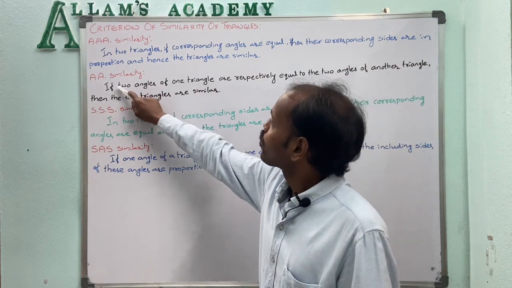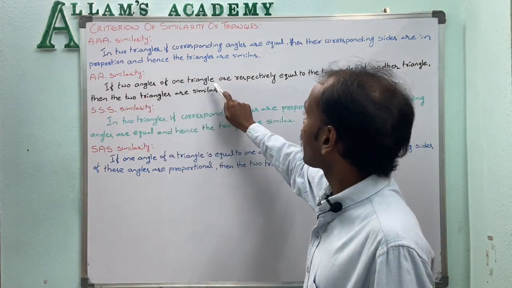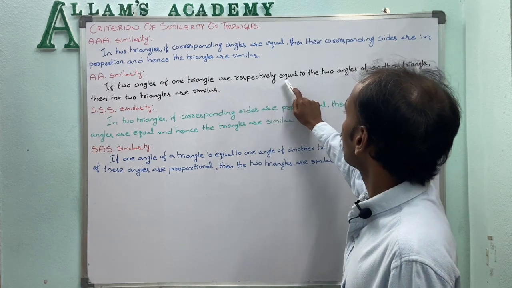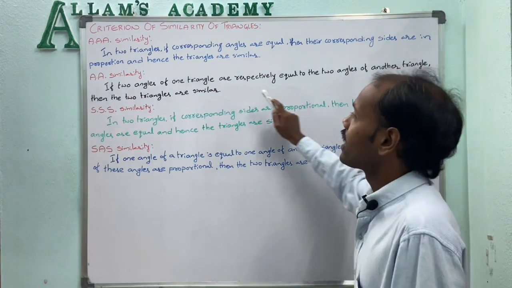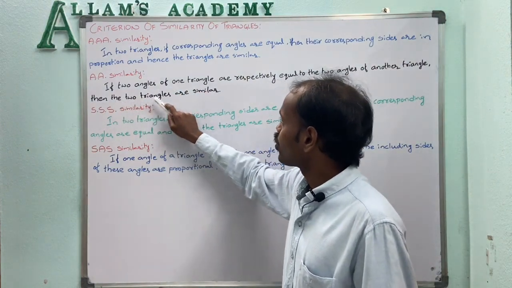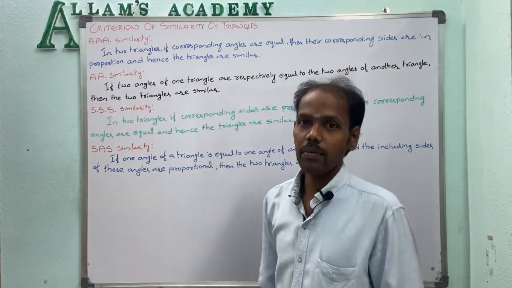If two angles of one triangle are respectively equal to two angles of another triangle, then the two triangles are similar.